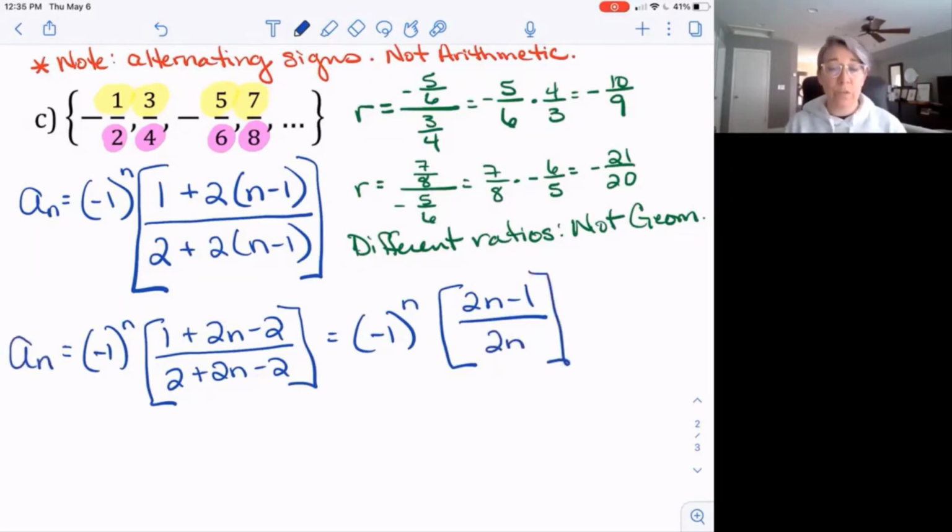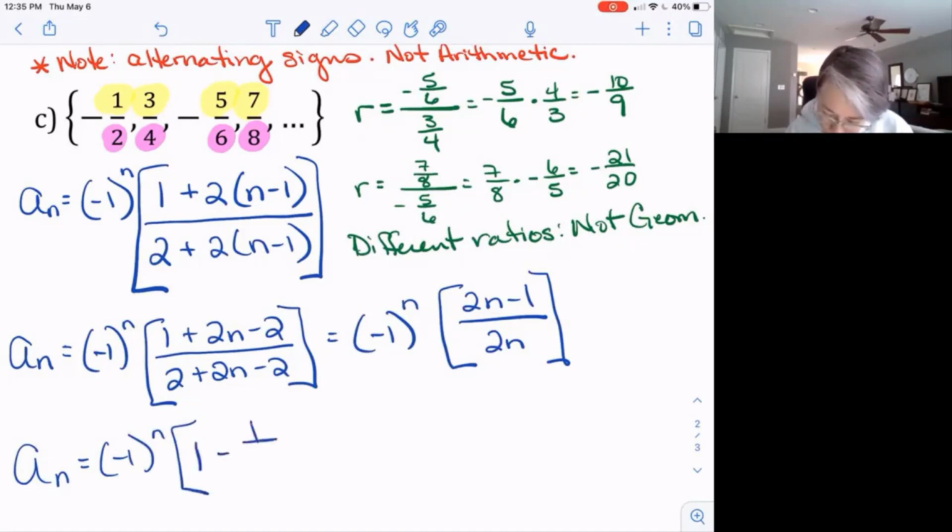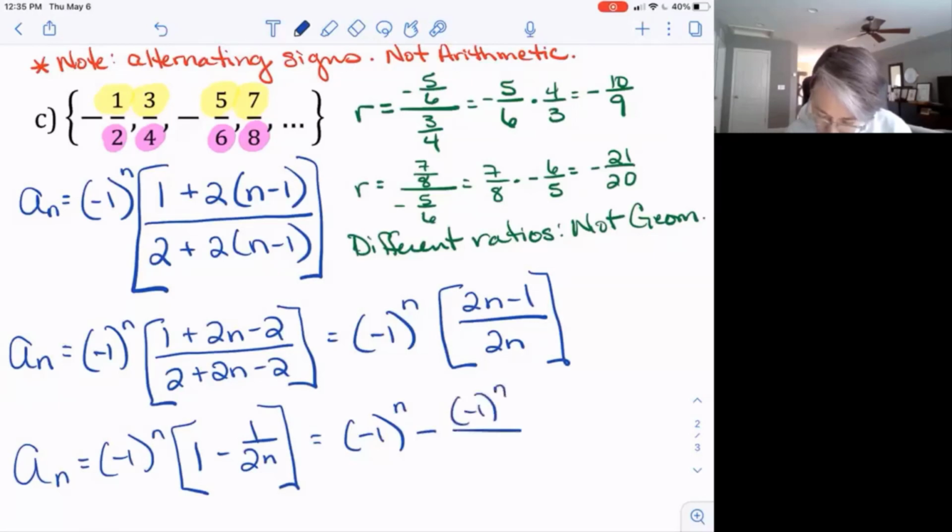That in itself is an explicit formula, but we can keep simplifying it. -1 to the n, if we reduce those two, we would get 1 minus 1 over 2n. We can even distribute that -1 to the n if we wanted to. That would give us -1 to the n minus -1 to the n over 2n, or vice versa. All of those work. This one, this one, this one, all of them are considered explicit formulas for a sub n.